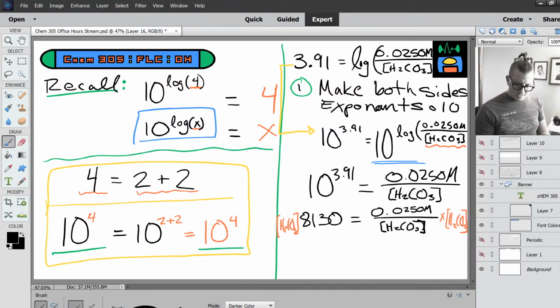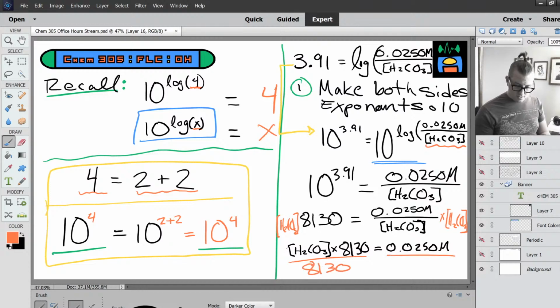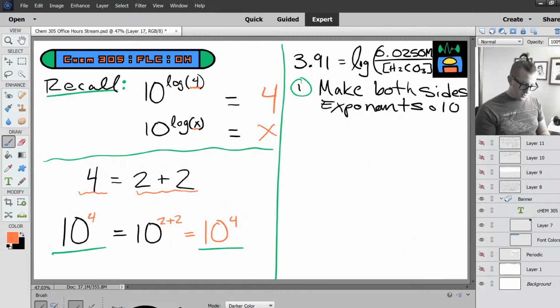All right, so we get the concentration of carbonic acid times 8,130 is equal to 0.0250 molar, and then you divide by 8130, and that will get you our answer.